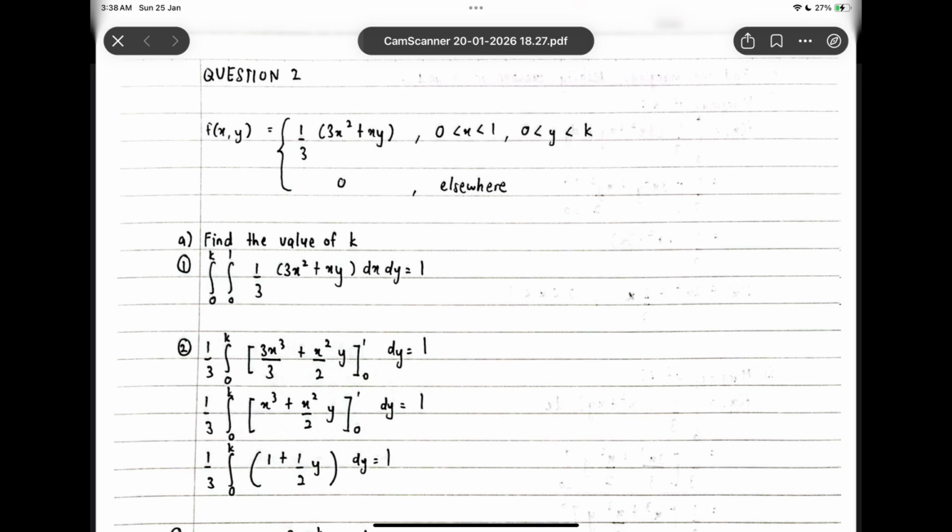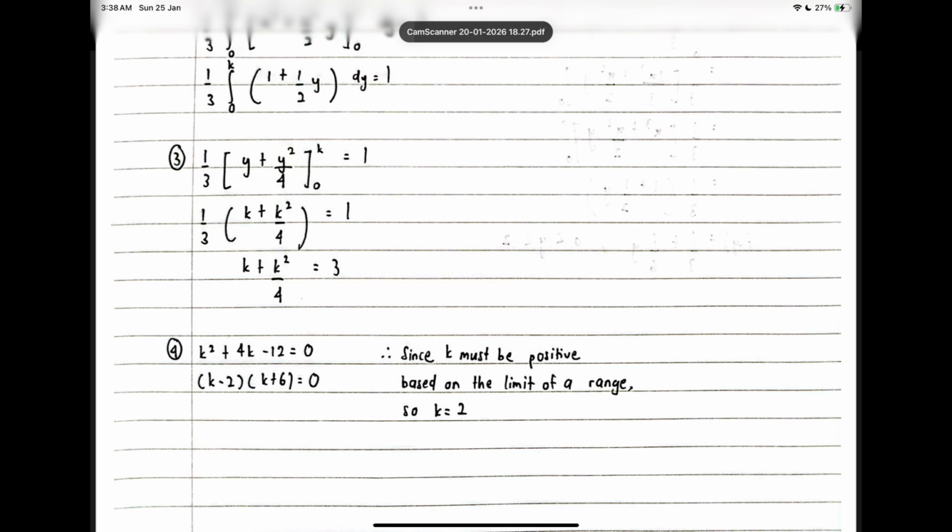Next, we need to integrate with respect to y, like this. And the last step for part A is to solve the quadratic equation. Since k must be positive based on the limit of the range, k is 2.